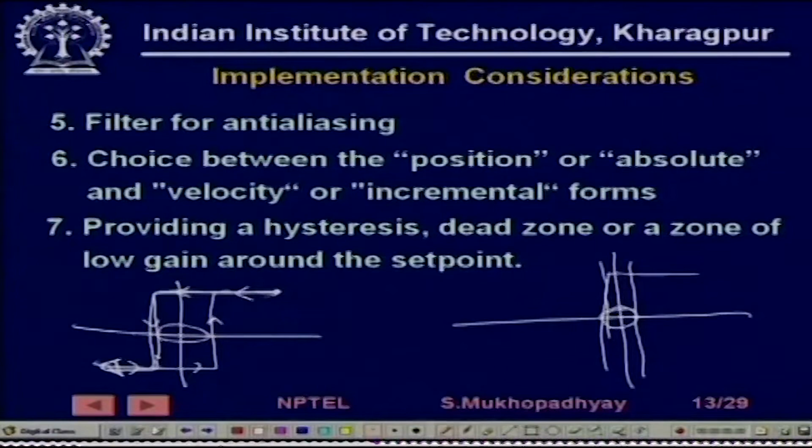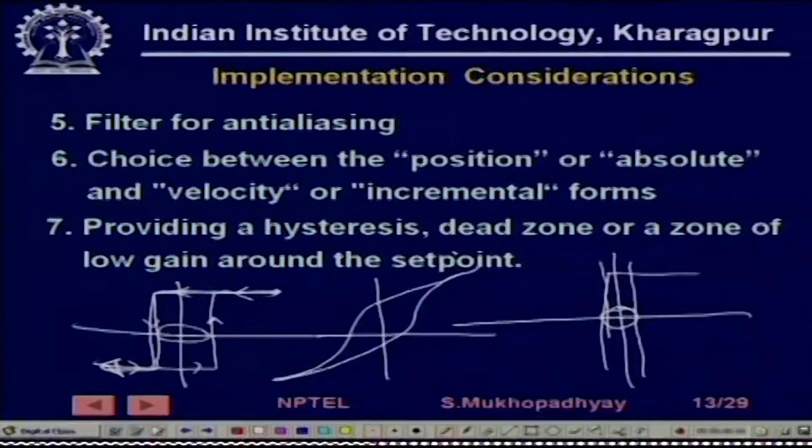So, this is a hysteresis switch. Now, you can also have a smooth hysteresis comparator, something like this. You say that I am going to keep the gain and then slowly change it. So in this zone the output is not switched.